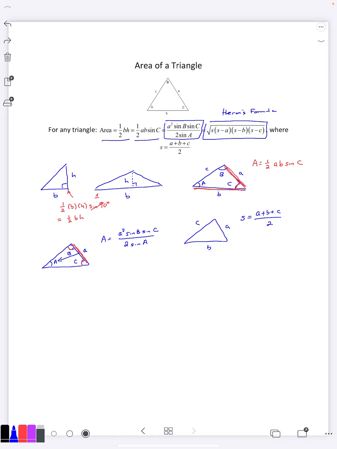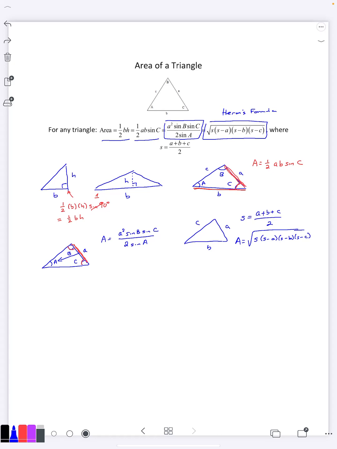So semi-perimeter because you're adding up all the sides. Semi, you divide by 2, you get half of the perimeter. And then once you find this S, you can calculate the area as square root of S times S minus A times S minus B times S minus C.